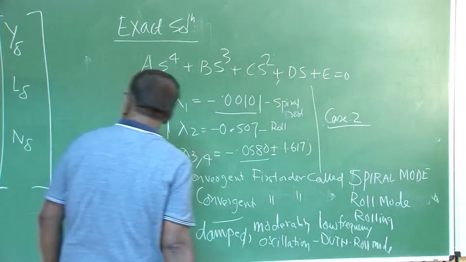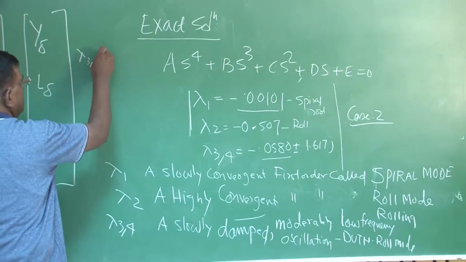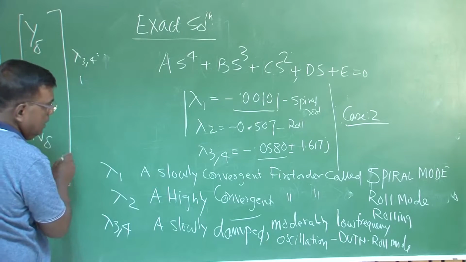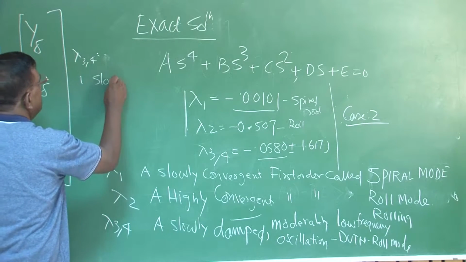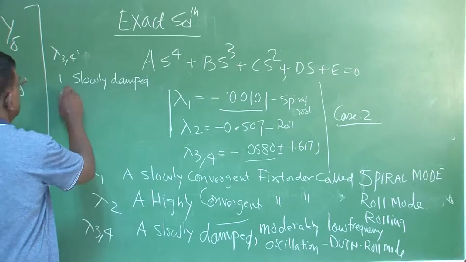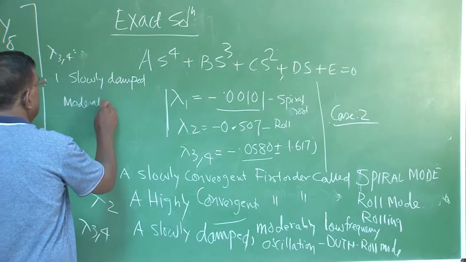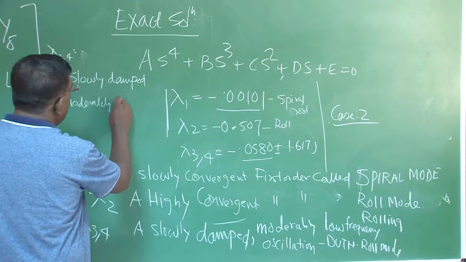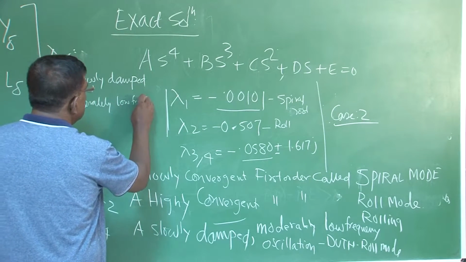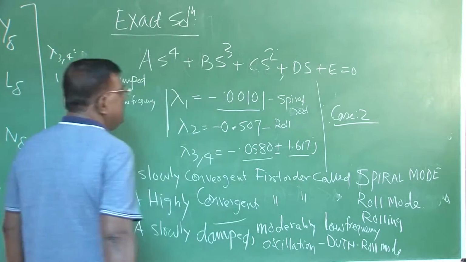Let me write clearly here. This lambda 3, 4, what are the keywords? One is slowly damped. Number 2, the second word is moderately low frequency, that you could see from this value.